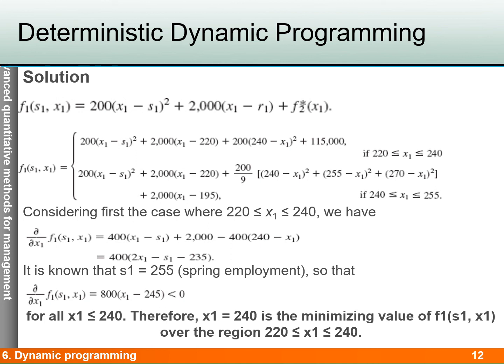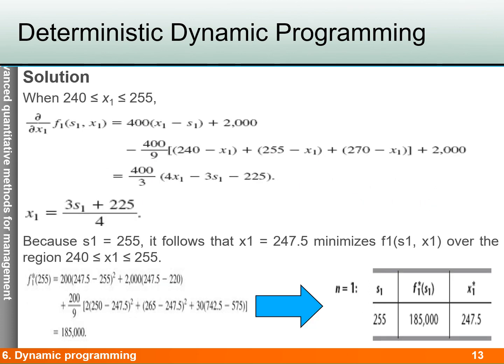Let's review the case that is 240 and 255. Again, with the same logic of the previous slide, now we should focus on this part when X1 is between 240 and 255. Again, for finding the X1, we should make a derivation of the formula of the cost that we had in our table.